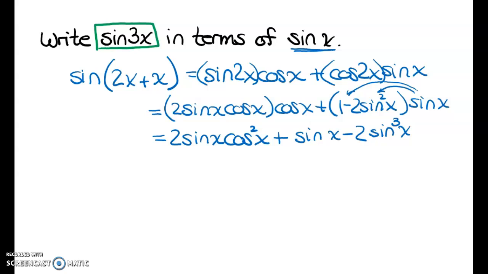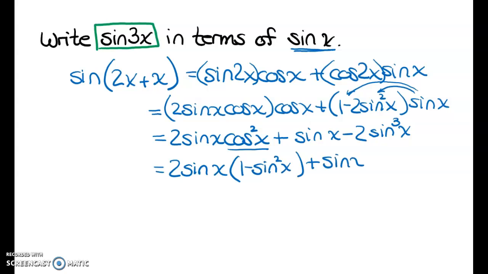All right, so I'm close, but not there yet because I have cosine squared of x. So I'm going to change cosine squared of x into 1 minus sine squared of x. That's, if you can remember, an alternative equivalent form of one of my Pythagorean identities.